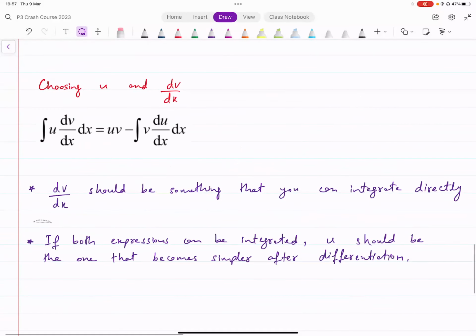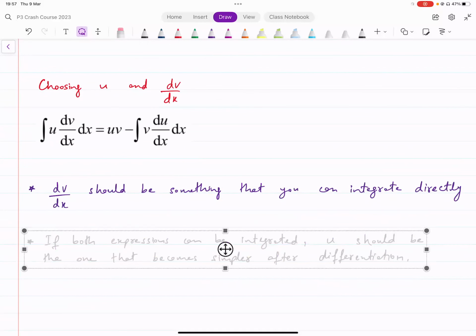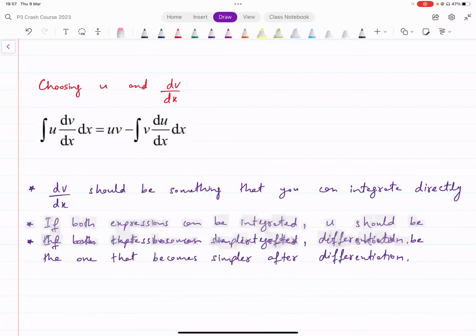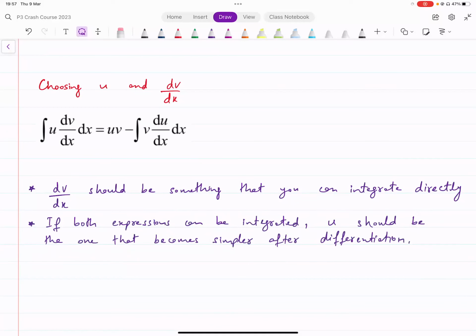How do you choose between the two? dv over dx should be something that you can directly integrate, and u should be something that becomes simpler after differentiation. All right. However, there's actually a thumb rule that you can keep in mind, where you would not have to think a lot.